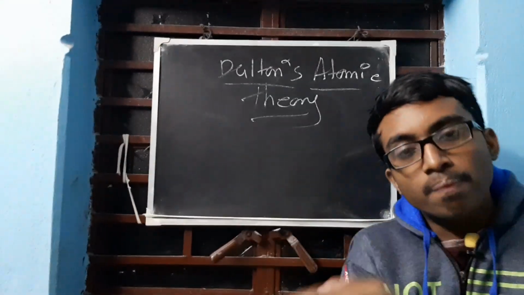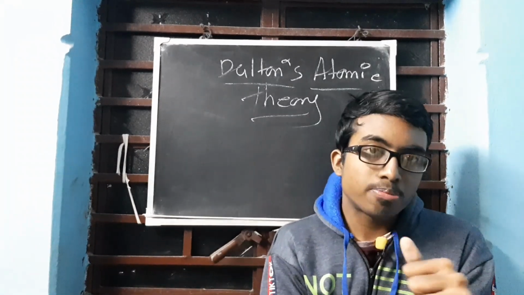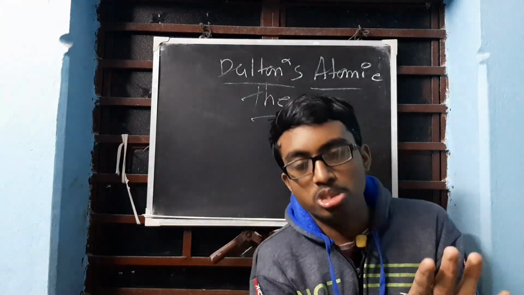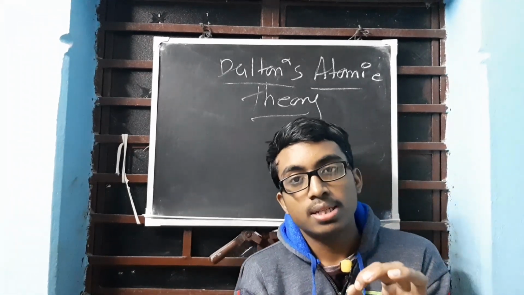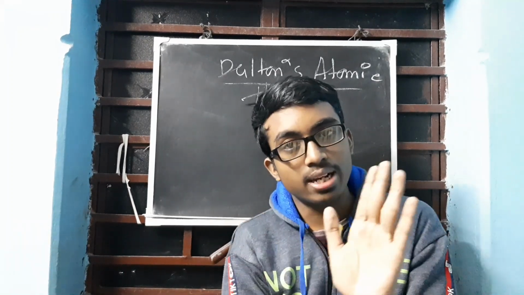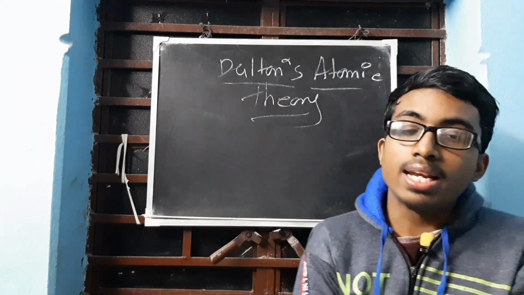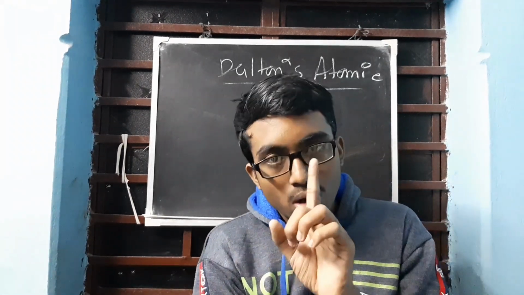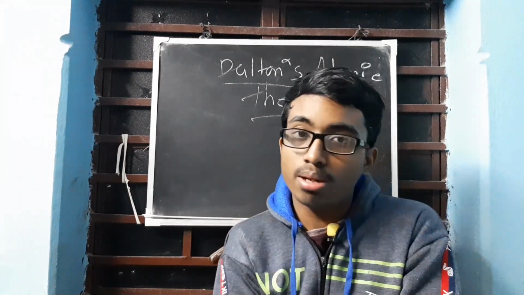I am not writing it because you have already learned it many times. Most important points, postulates of Dalton's atomic theory. Generally I will say not to skip any postulate, but still, the most important postulates are: indestructible, you cannot destroy an atom; indivisible, you cannot divide an atom, which is now not true, I know; identical in all respects, atoms of one element are similar; and one element's atoms are different from another element's atoms.